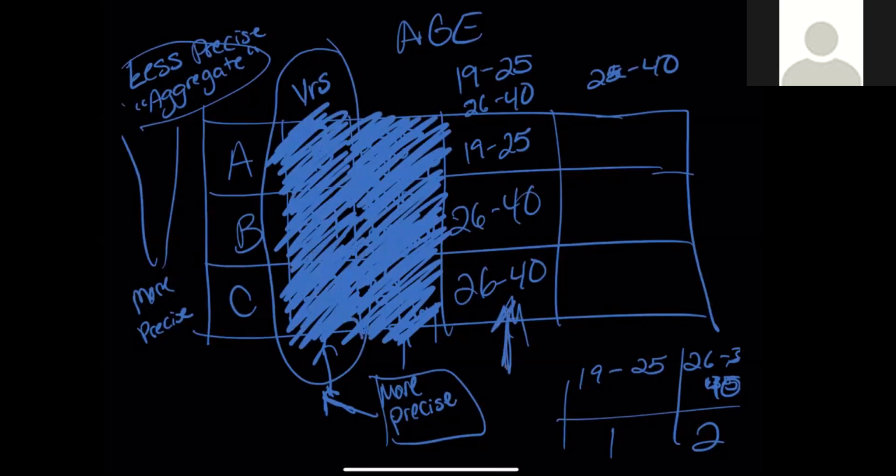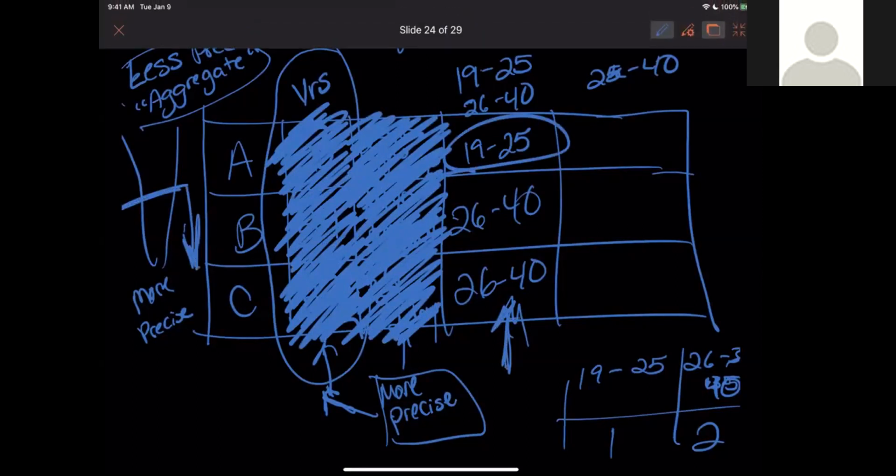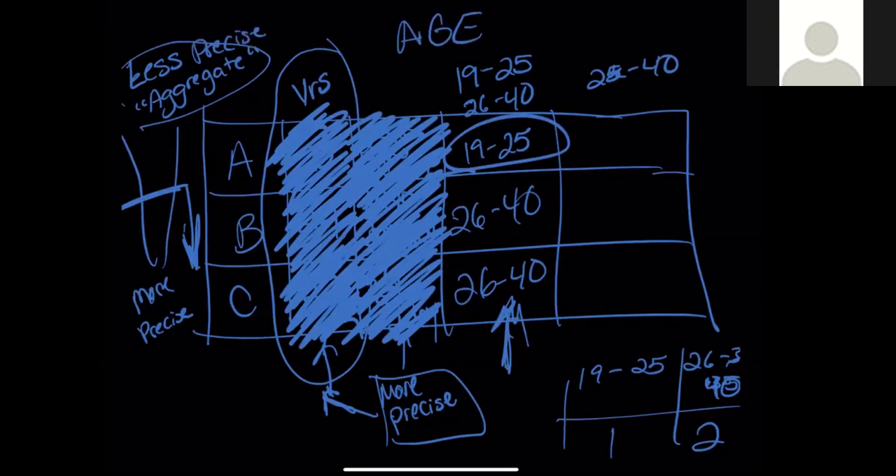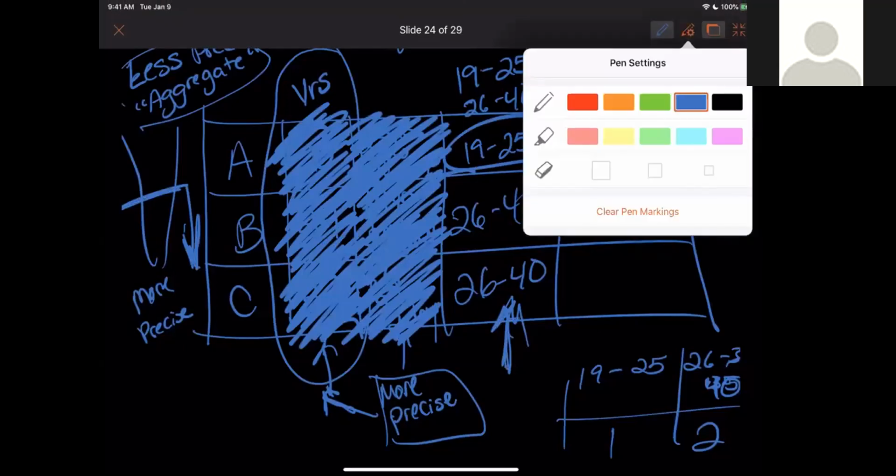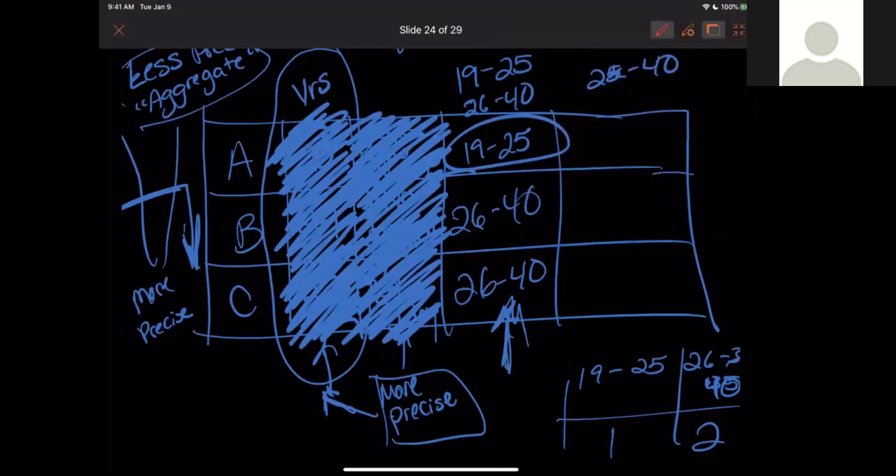So if I ask you, is person A actually 19 years old, or are they 25 years old, or where are they? You don't know because you asked at this less precise level, and therefore can never go back down. So the idea here is that if you ask at this most precise level, red is asking them how many years old they are, knowing that it's very precise but not too precise.